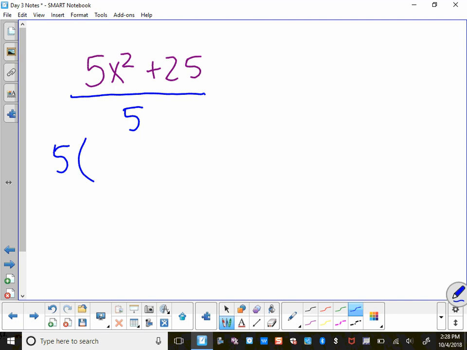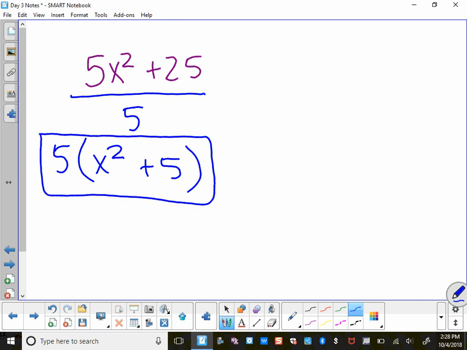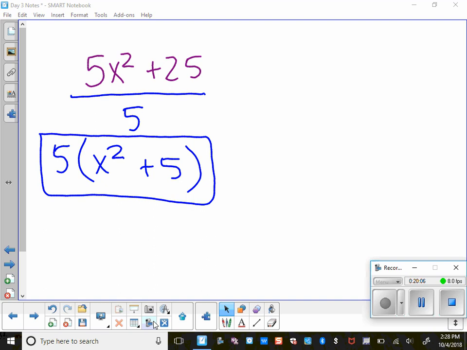So I bring out my 5, and I have x squared plus 5. There's nothing else I can do with that. Just leave it like that. That's my answer. It doesn't mean you have to write prime. That's just all I have. On your mini quiz, you can also use the shortcut if you want to. And remember to always take out your GCF.